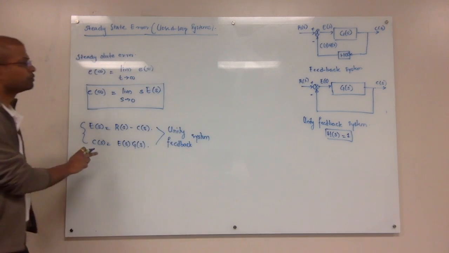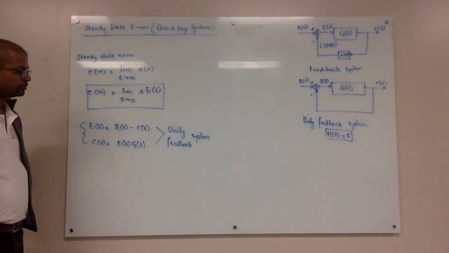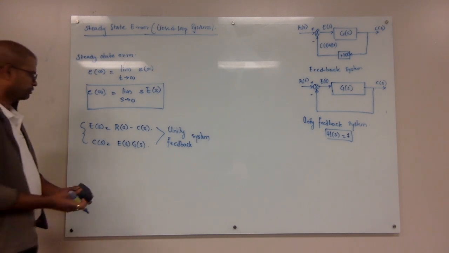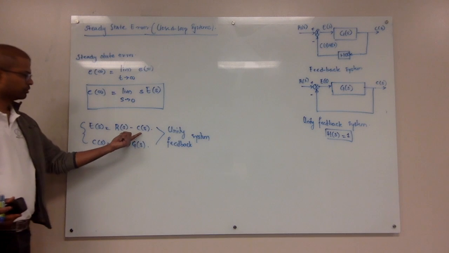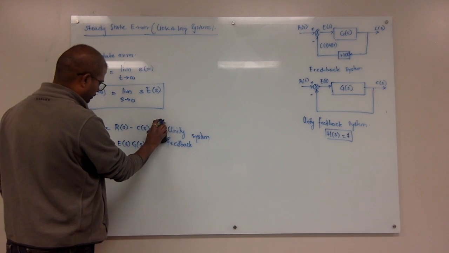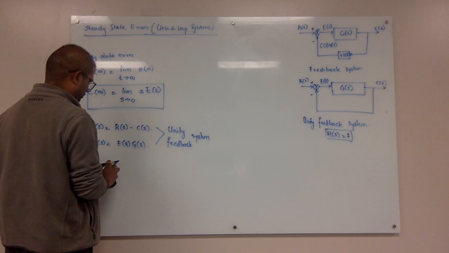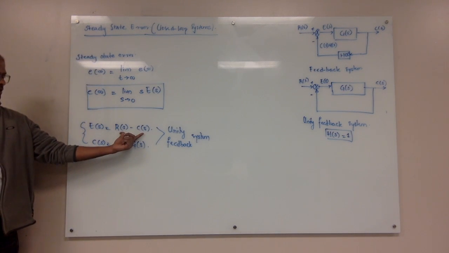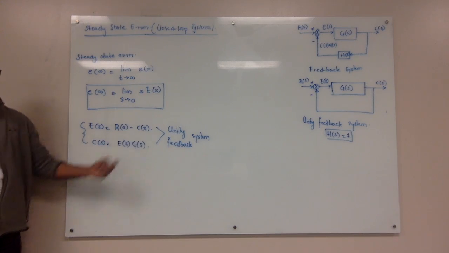And C of S is simply E of S into G of S. Correct? No, that's actually not quite true. Okay. So this is specifically for unity feedback system. See if it makes sense.